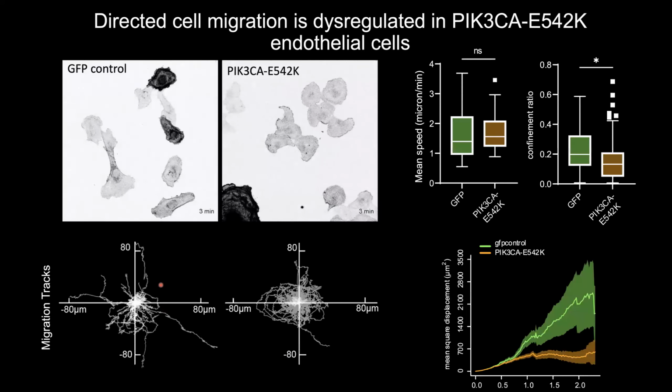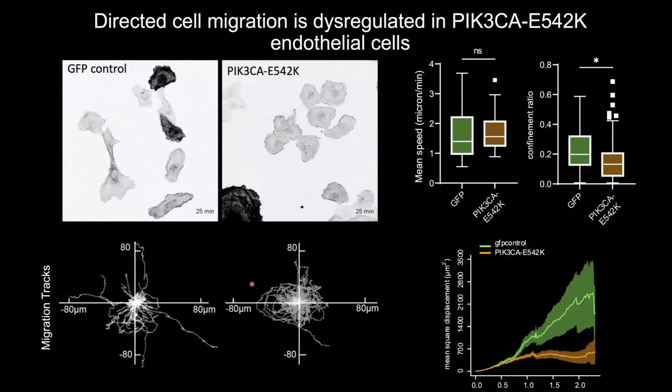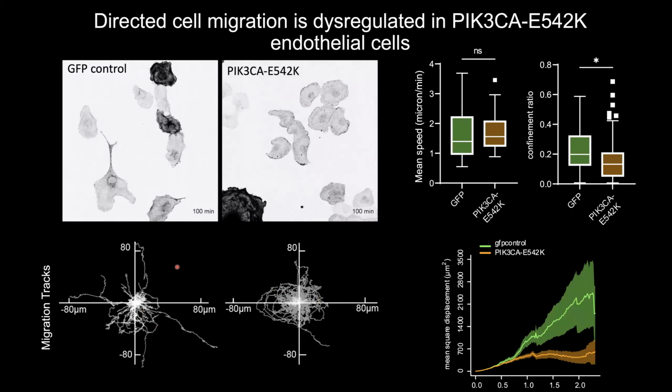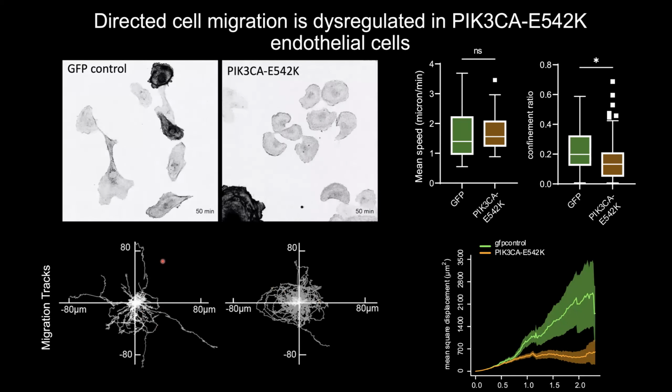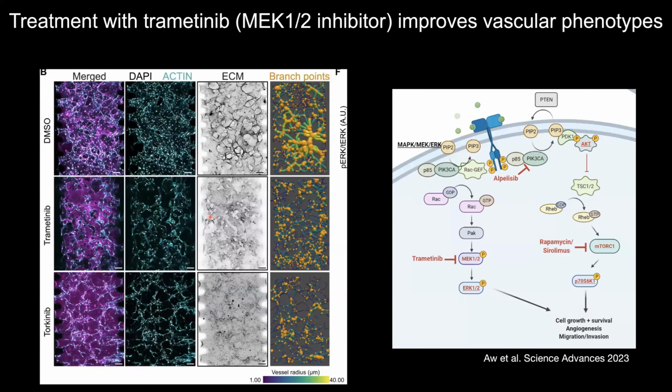And if we tracked the migration, we see that despite all this ruffling, the cells don't move in a directed fashion as much as they do in the GFP controls, which is suggestive of RAC overactivation. And indeed, if we did a RAC activity assay, we see that RAC is upregulated in the cells that express these PIK3CA activating mutations.